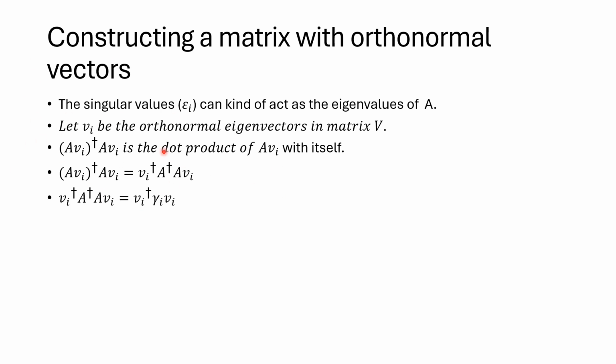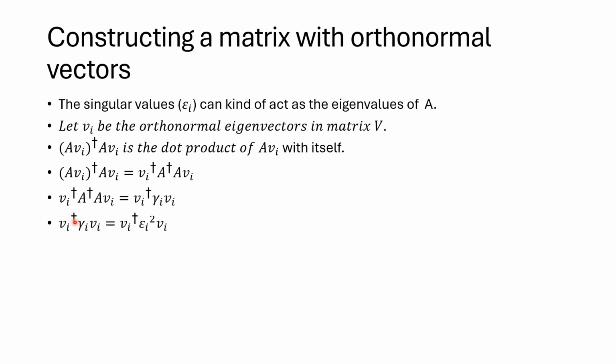And now that we have this, if you notice, we have A Hermitian transpose multiplied by A. And we know that this, when multiplied by an eigenvector taken from the matrix V, is just equal to the eigenvalue of A transpose A multiplied by the same eigenvector. All right, so this can just be written as this.